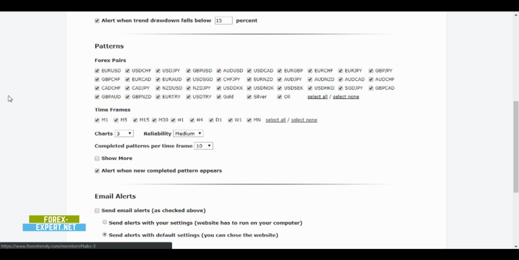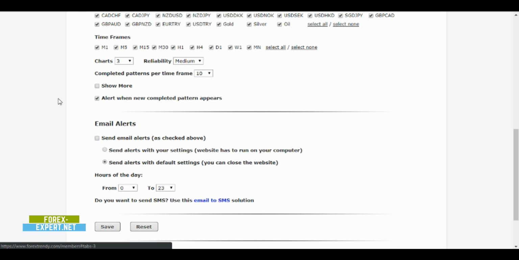So it's up to you, up to your trading style and strategies. The greatness of this online software is that it also deals with the exotic pairs, so you will always find good opportunities.